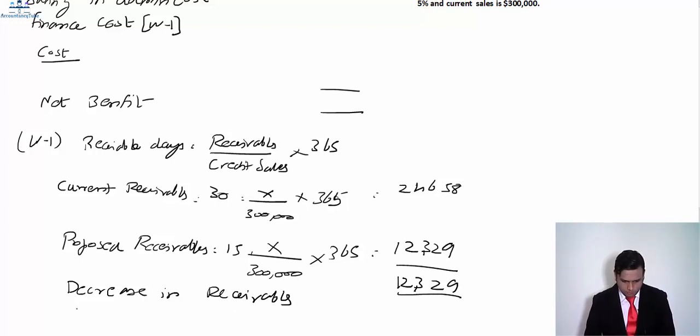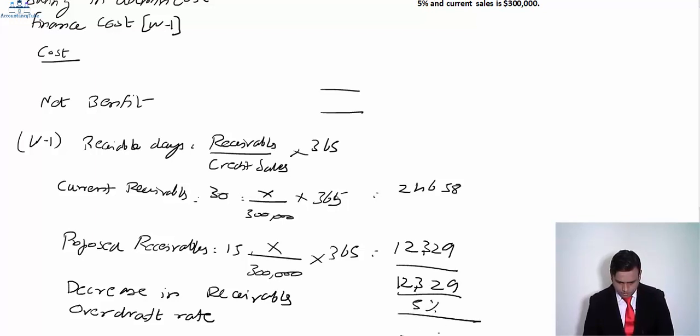Now, in order to compute the finance cost, we need to consider the overdraft rate, which is 5%, and we will arrive at the finance cost of 616.